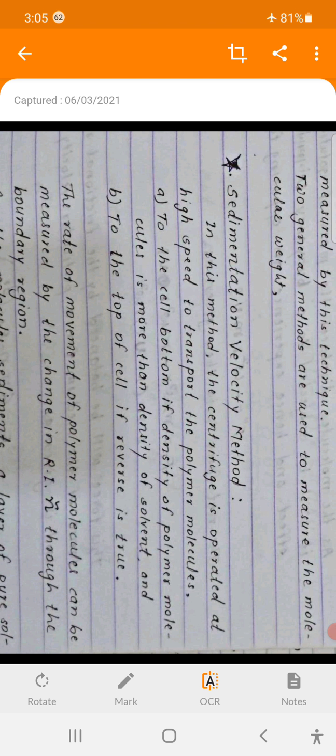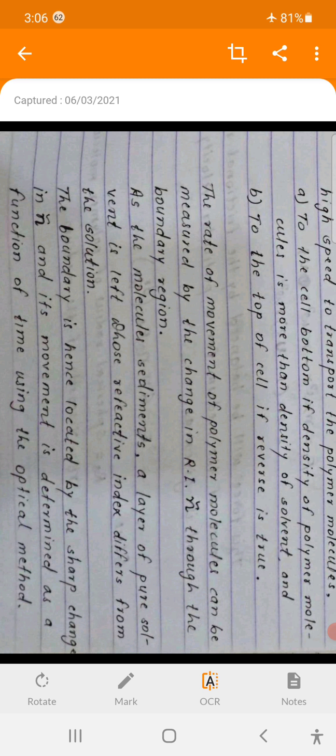in the first case to the bottom of that test tube or cell, if the density of polymer molecules is greater than the density of solvent. And the second case is that polymer molecules remain at the top if the reverse is true, meaning the density of polymer molecules is less than the density of solvent.